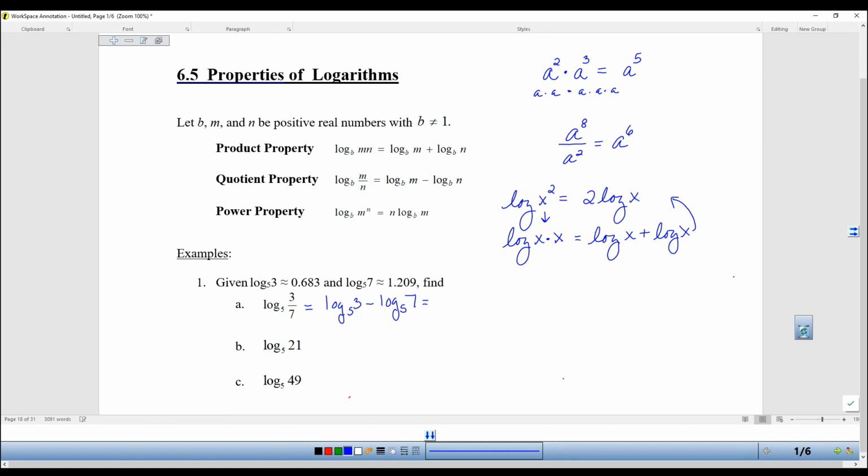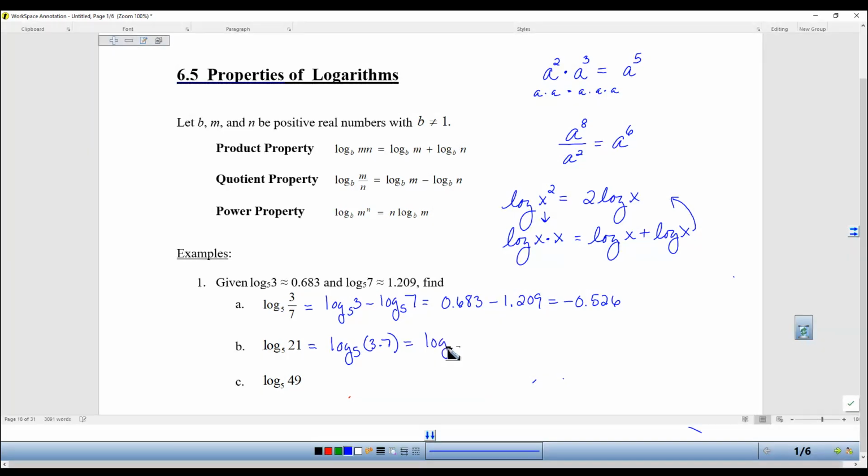So log base 5 of 3 is 0.683. Log base 5 of 7 is 1.209. And that answer is negative 0.526. Similarly, if my table didn't go all the way up to 21, I could say, well, that's log base 5 of 3 times 7.